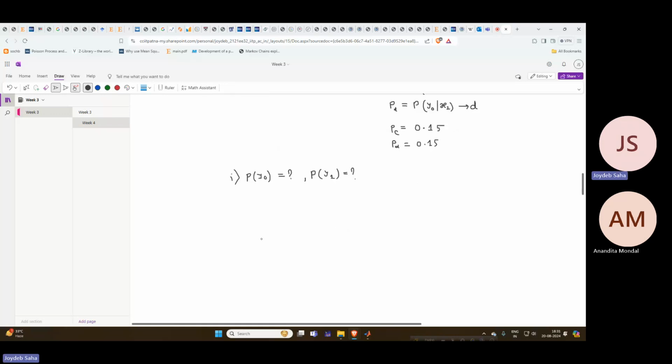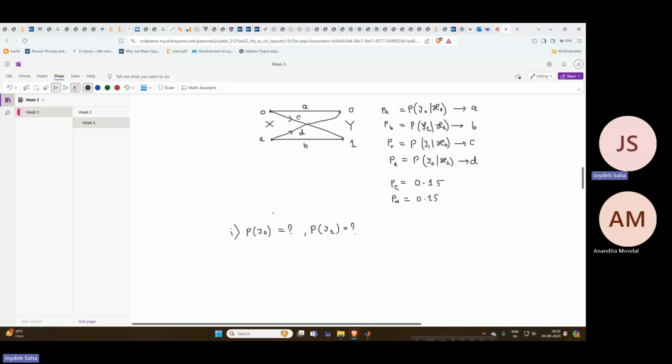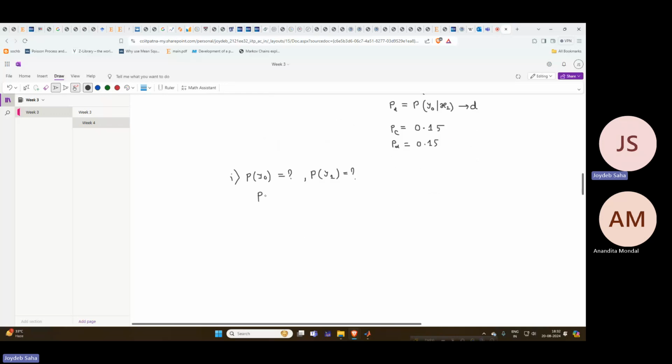So let us solve this. In input space, there are two events, either x0 or x1. There is no other event in input. So we can write that probability of x0 is equal to probability of x1 is equal to 0.5.